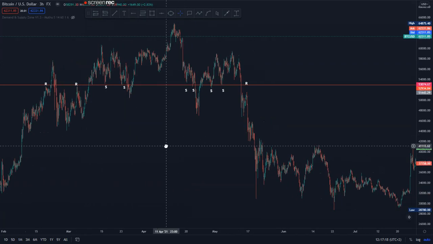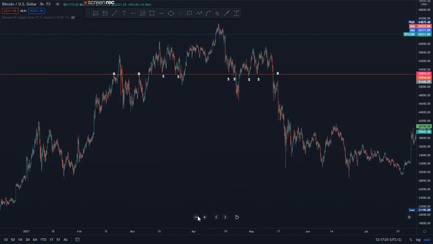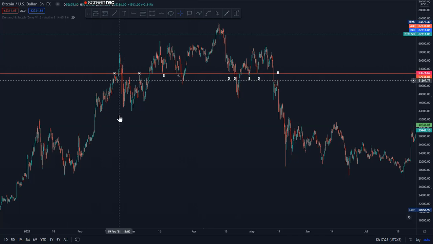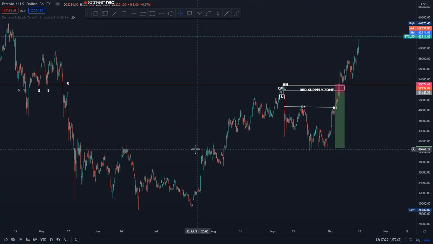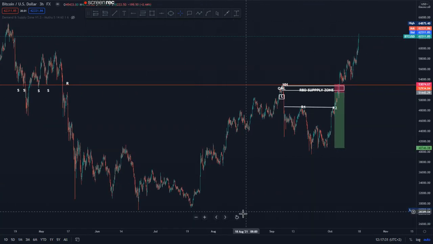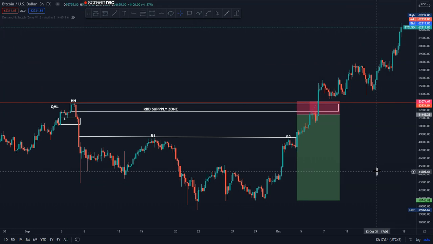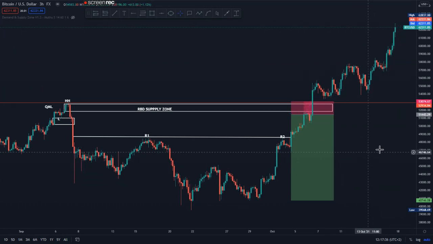So the market had a lot of contacts on my higher high. Therefore, because of that, this couldn't work. The market just went through my level just like that.